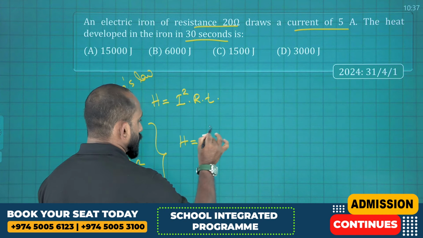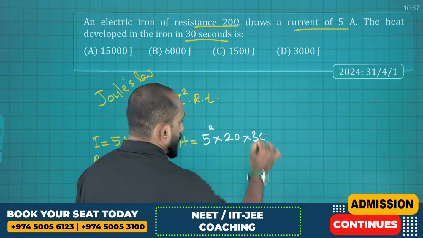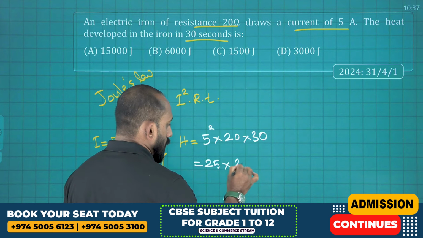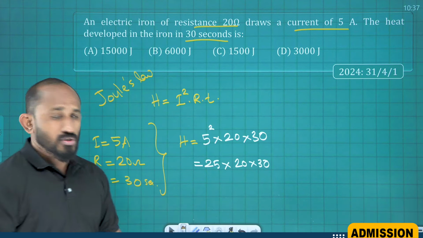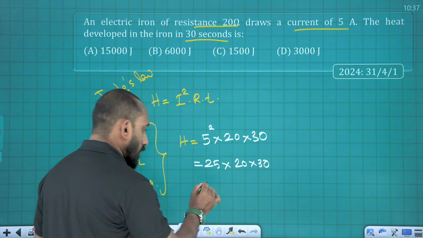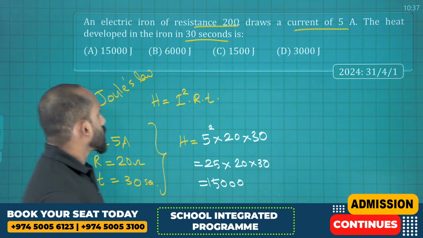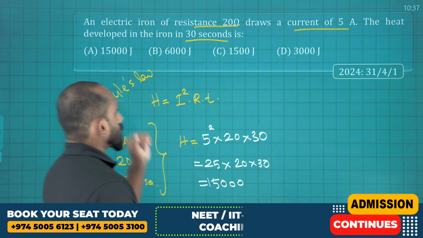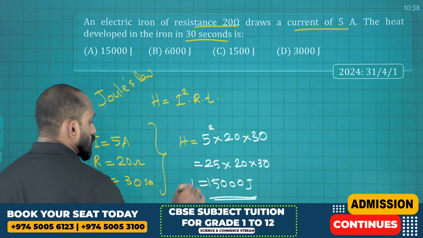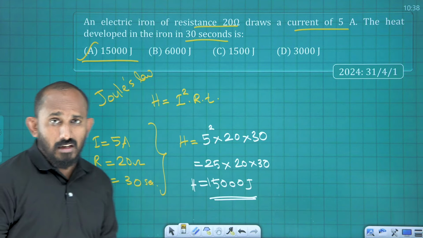I is 5 square times R is 20 times 30. 5 square is 25 times 20 into 30. 20 into 30 is 600. 6 into 25 is 150. So 150, then double zeros. See the options: 15,000 joule, 6,000 joule, 1,500 and 3,000. So 15,000 joule is the correct answer. A is the correct option here.